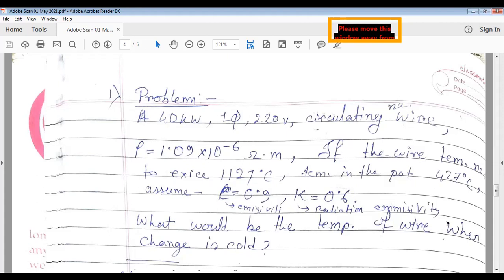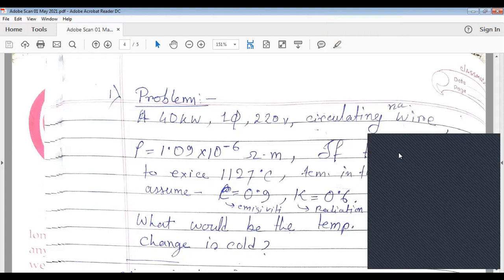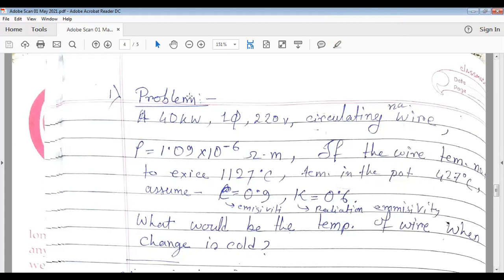now the temperature in the pot is 427 degrees centigrade. Assume E, the emissivity, is 0.9, and K is 0.6, the radiation emissivity. What would be the temperature of the wire when it is changed to the cooled state? Now you can see your power is fixed, given by 40 kilowatt.